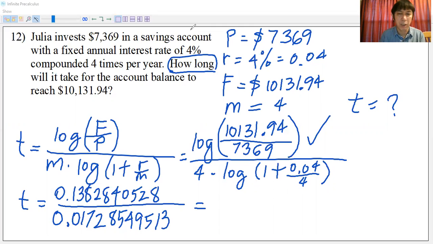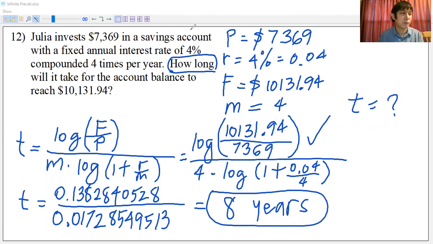That's equivalent to 8. That's equivalent to 8 years. Is it 8? Let's check. Yes, it's 8. Over here, the red writings there, 8 years. All right, so that goes to our number 12.